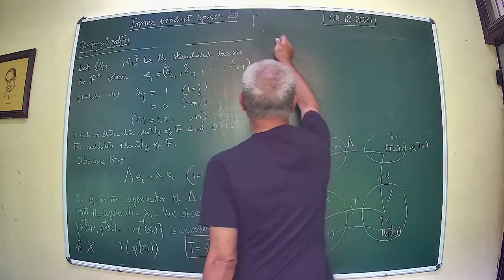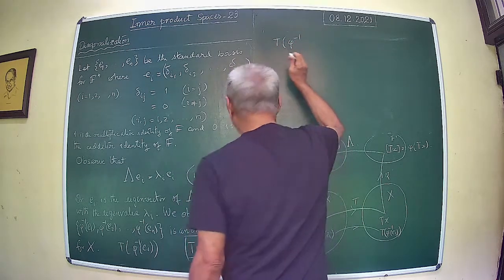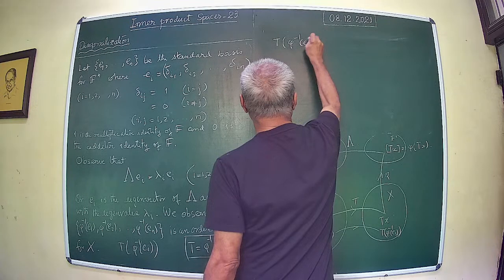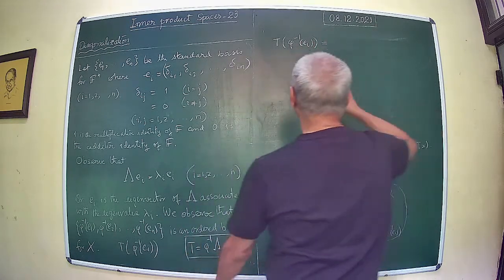So T of phi inverse of Ei equals T is what?